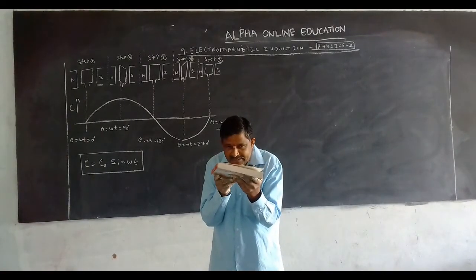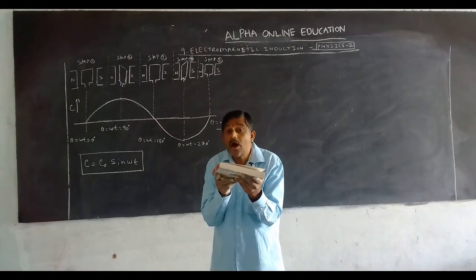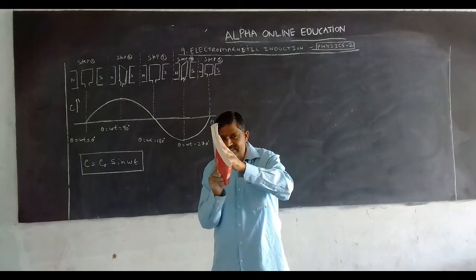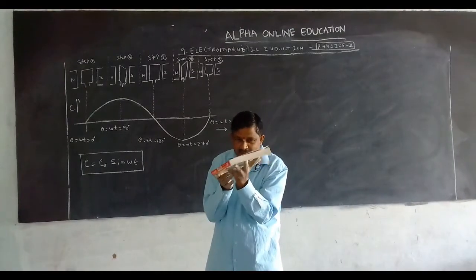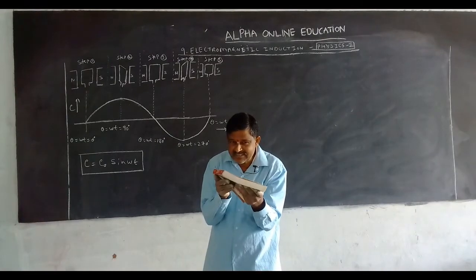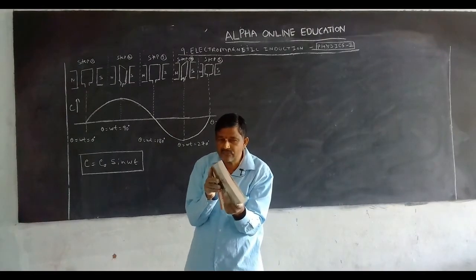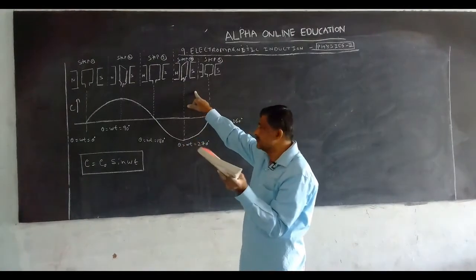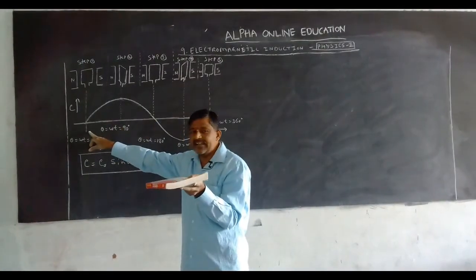Now in which direction does it rotate? In the opposite direction. Why? First it is here, 90 degrees, 180 degrees. Now it is opposite: 180 to 270 degrees. Here also the association of magnetic flux increases in step 4. Step 1, theta is 0.